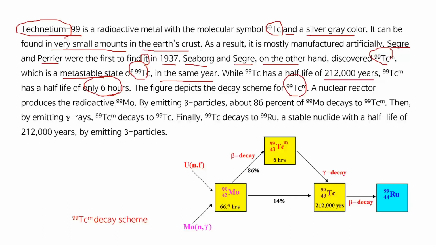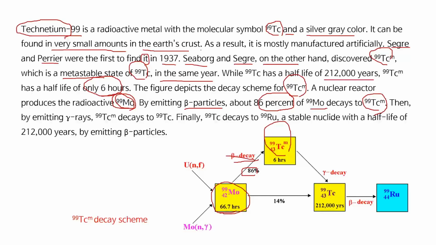A nuclear reactor produces radioactive Mo-99, molybdenum-99. By emitting a beta particle, about 86% of molybdenum-99 decays to Tc-99m. Okay, so that is beta decay.